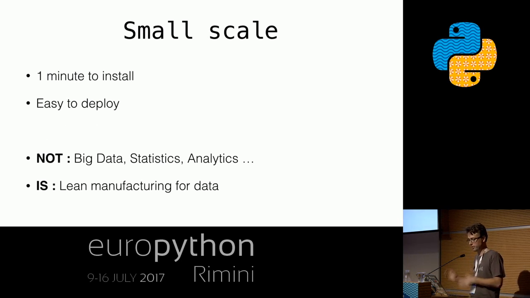The goal is one minute to install, easy to deploy. It's, once again, not big data, not statistics, not analytics. If you want to do blockchain with that, you're probably not at the right conference. And it's basically lean manufacturing for data. It's like I have a production chain where I use all little packets of data, and one at a time I'm adding something, checking something, modifying something, etc.